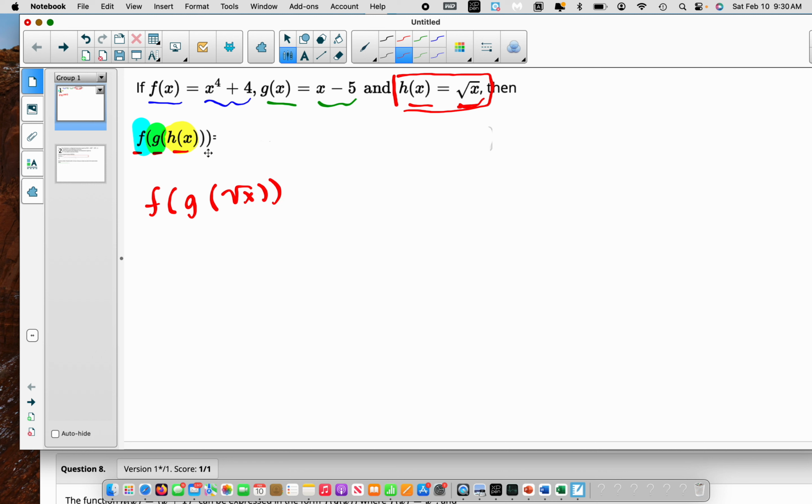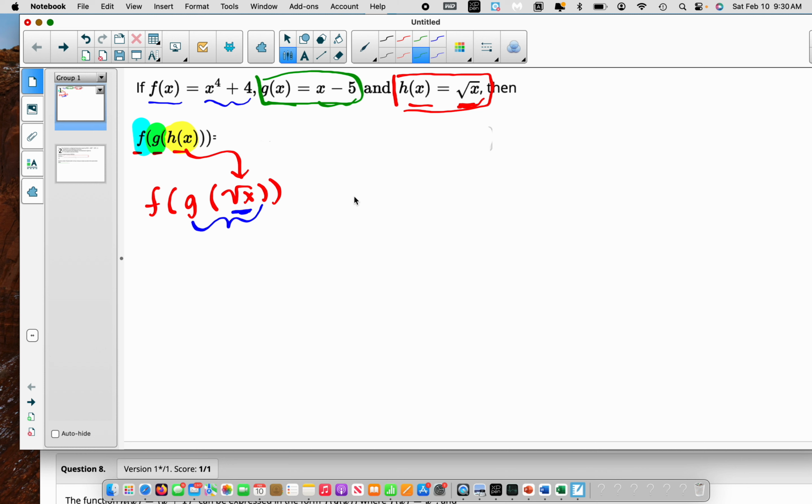All right, so all I did was I replaced h of x with square root of x because that's what it's equal to. Now let's look at the next piece. Now I want to take my g function and evaluate it, or input square root of x. So what's my g function? My g function is right here.